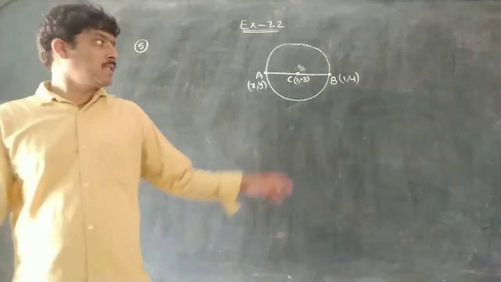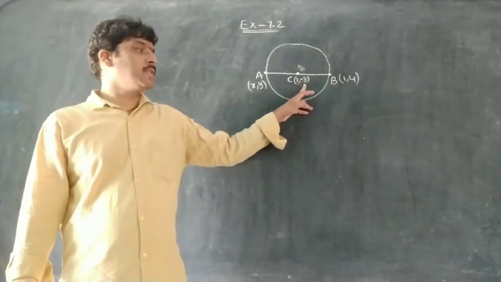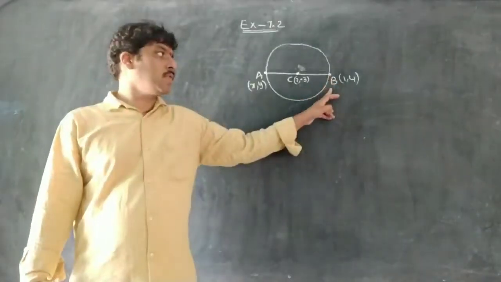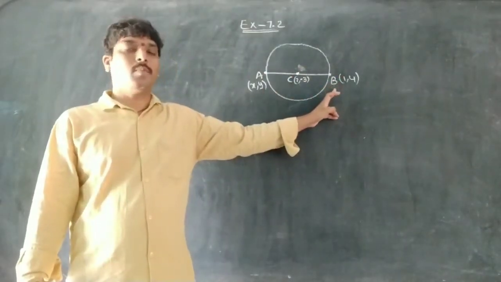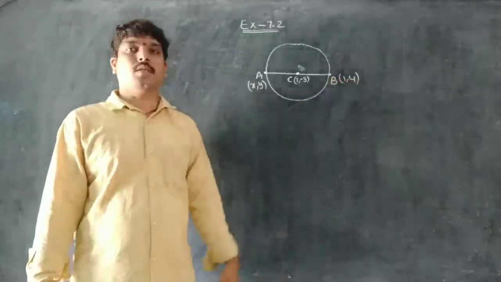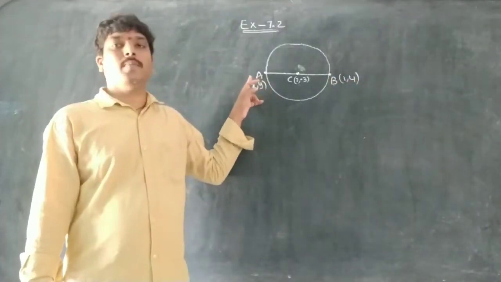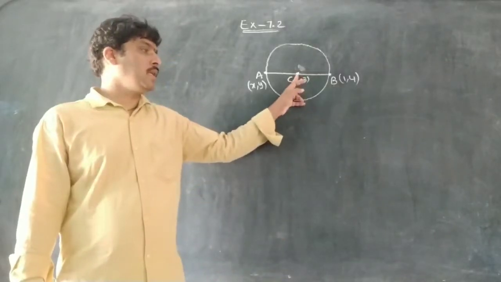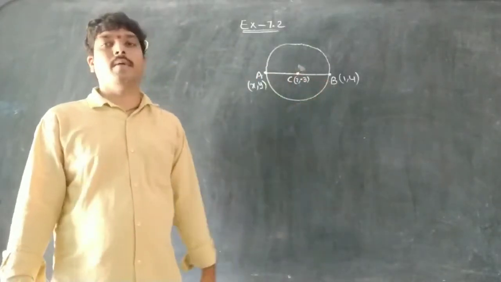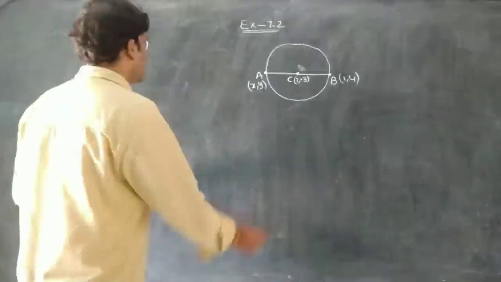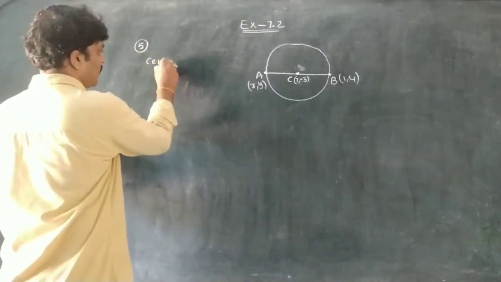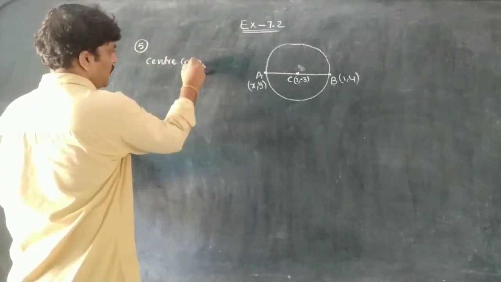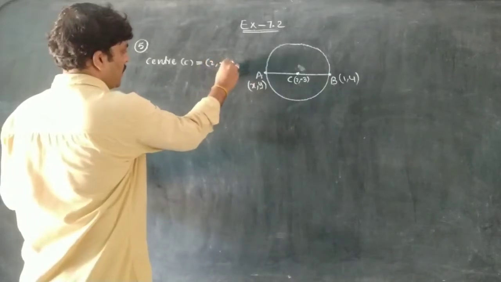Given the center of the circle 2 comma minus 3 and one endpoint of the diameter B 1 comma 4, find the other endpoint of the diameter. Anyway, the center of the circle is the midpoint of the diameter. You are given the center of the circle C is equal to 2 comma minus 3.